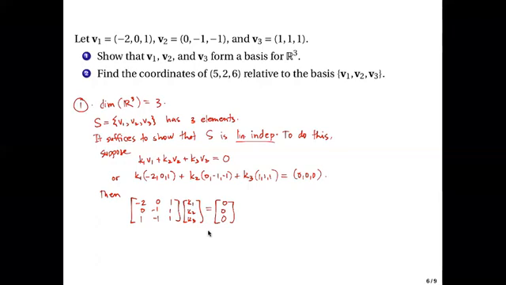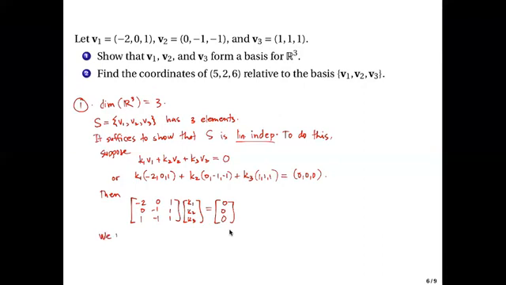So it's enough to show that this guy here has determinant not equal to zero. Because if that's the case, it means that this matrix equation has only the trivial solution. Okay?